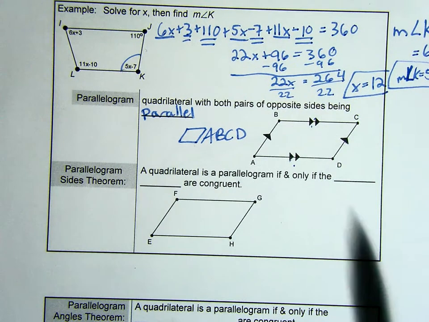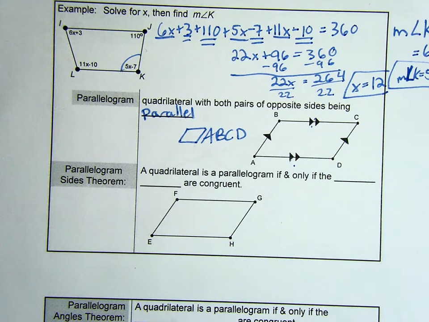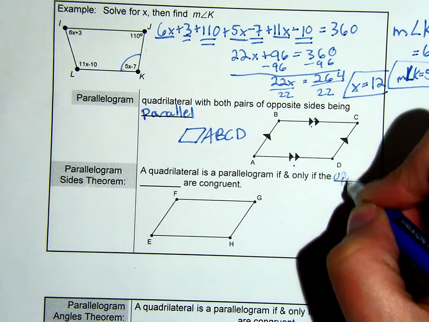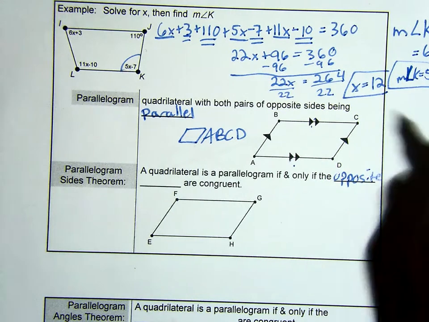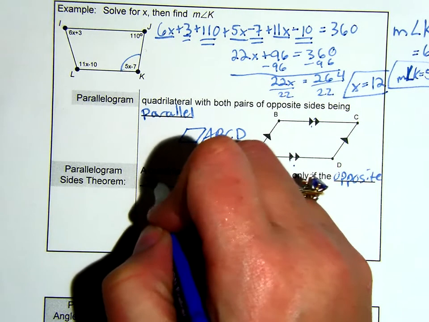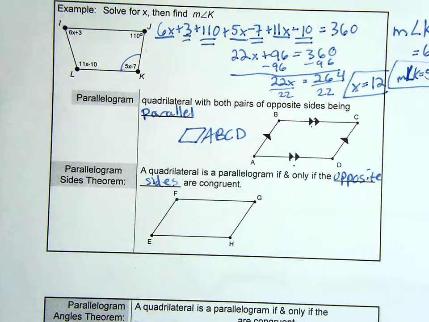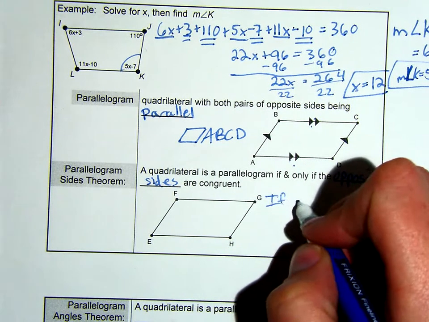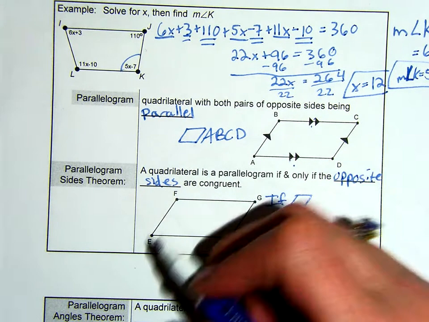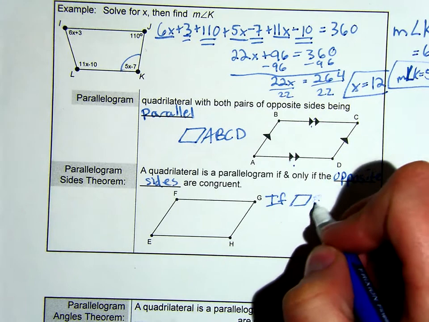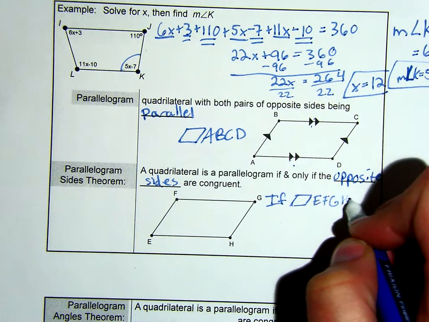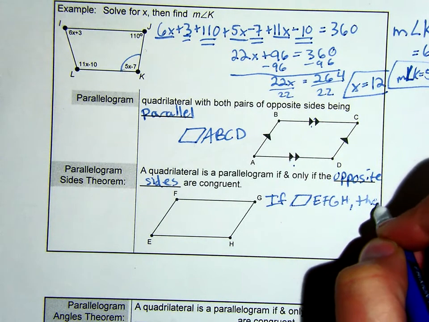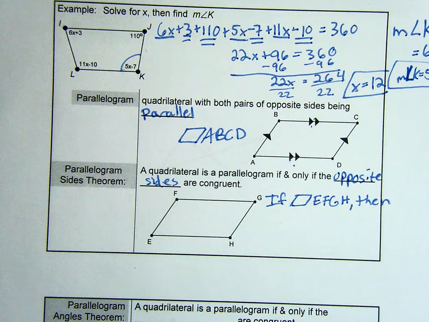Our parallelogram sides theorem says a quadrilateral is a parallelogram if and only if the opposite sides are congruent. So, if we have parallelogram EFGH, then our opposite sides would be congruent.